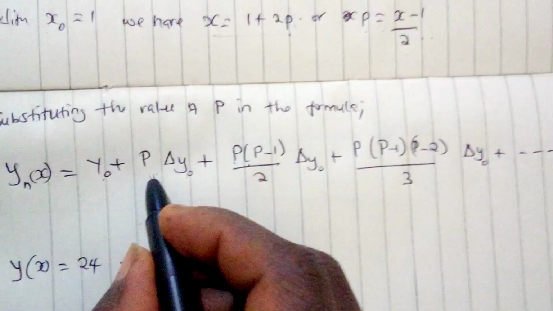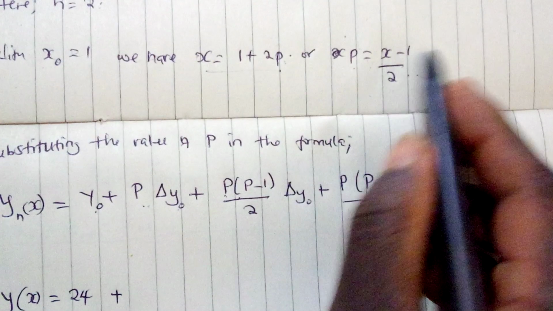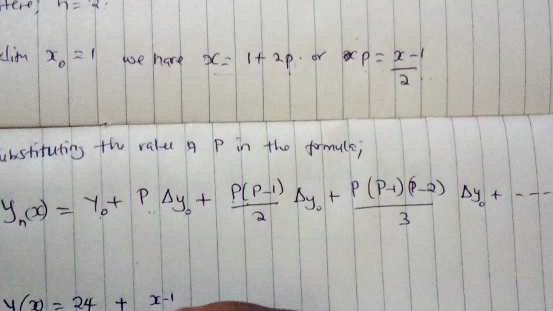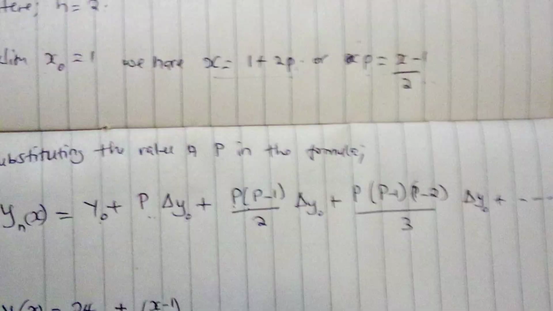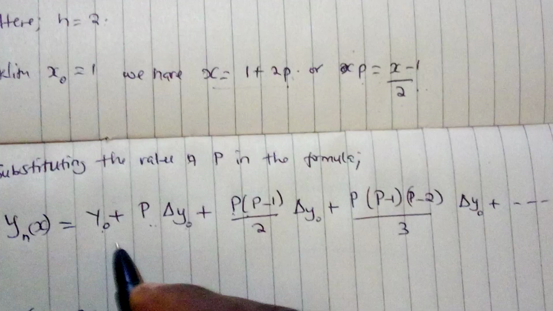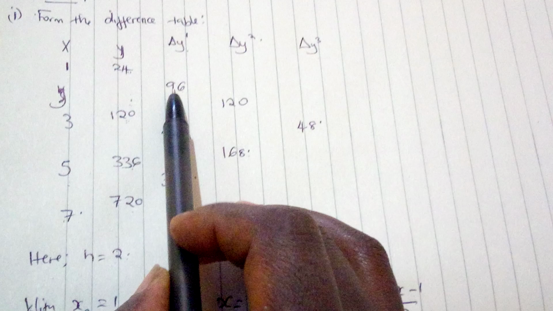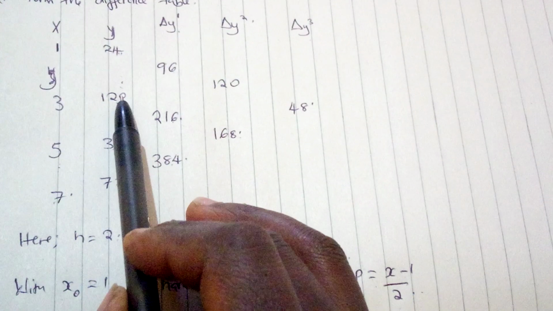So plus p, we've said p is equals to x minus 1 over 2. We put it into bracket. We multiply by change in y naught, which is 96.